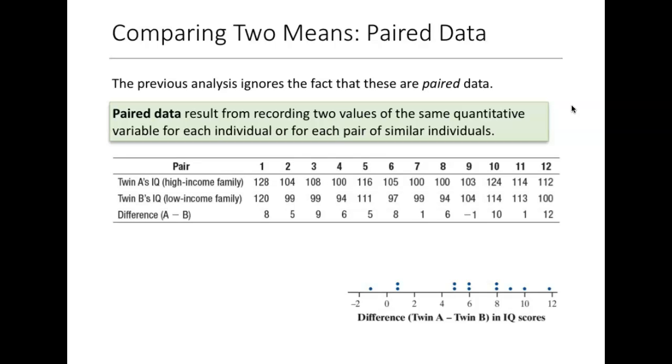So really what we want to be looking at is just the difference in A minus B for each set of twins. All we want to look at is this single set of data, which is twin A IQ minus twin B IQ. And so really this is only a one sample situation where the sample is just the difference in each twin's IQ.